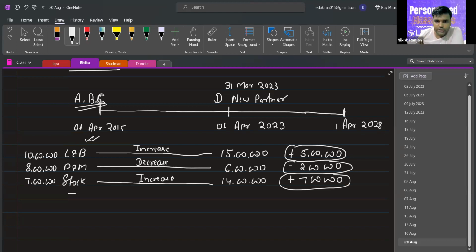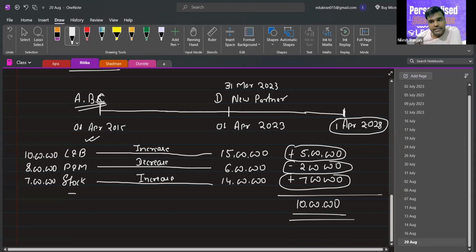When we distribute this profit, the net balance is actually 10 lakh. 5 plus 7, 12 lakh minus 2 lakh, 10 lakh it is. Yes, sir. But ABC decided not to distribute this profit on 1st April 2023. They want to distribute this profit on 1st April 2028. And you told me that in this profit, he will not get anything.